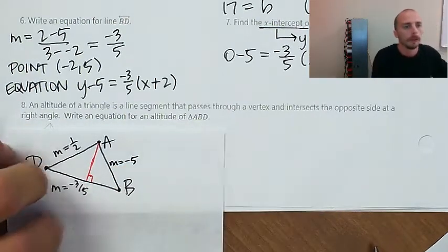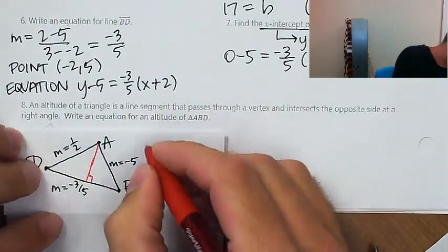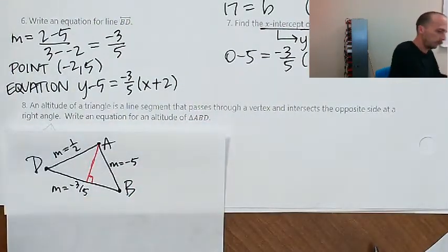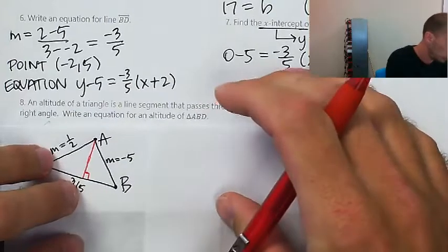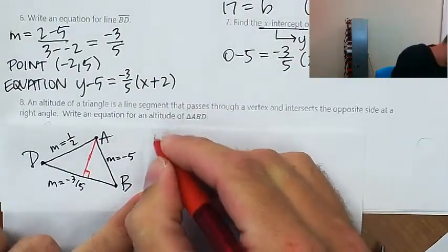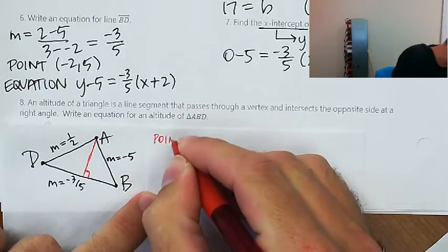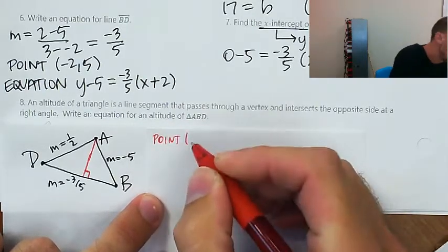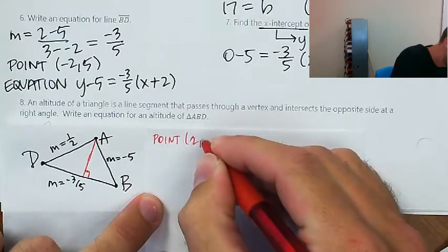Okay. So this one is going to have a point. It's going to have point A, which has coordinates 2 and 7.